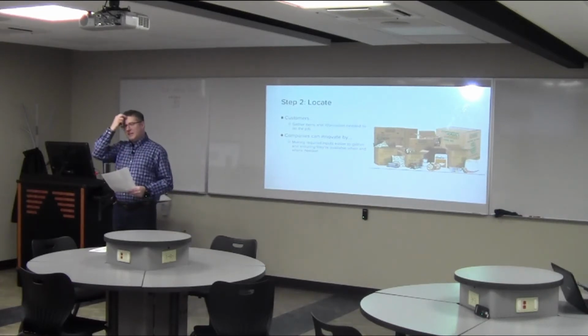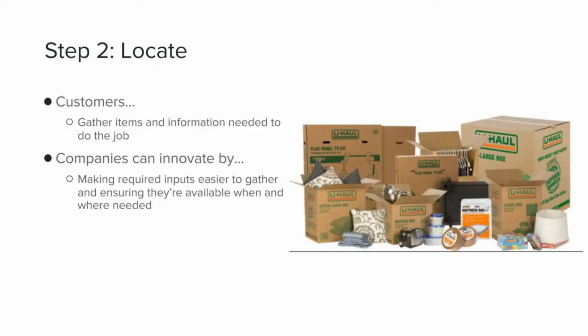Second is locating. So customers need to gather information before they can do the job, right? So this is the second step. U-Haul, for instance, creates these pre-made packets for someone who is going to load up their belongings and whatnot. And so I was thinking, well, maybe like the Hilltop, right?